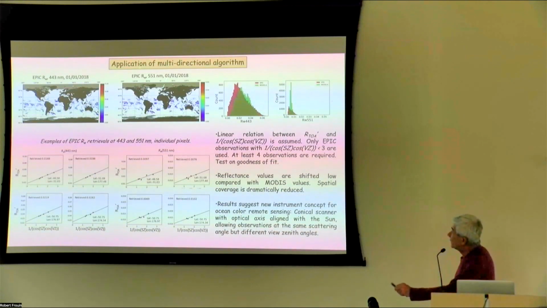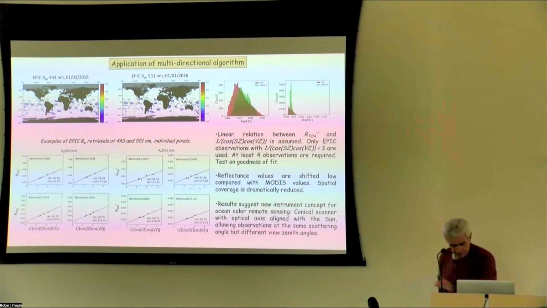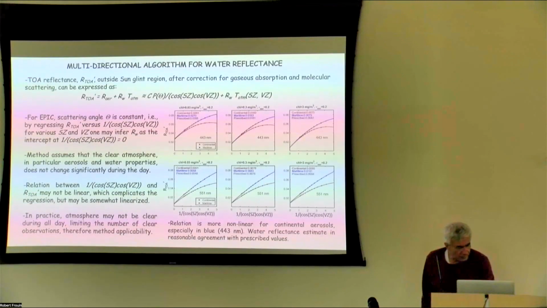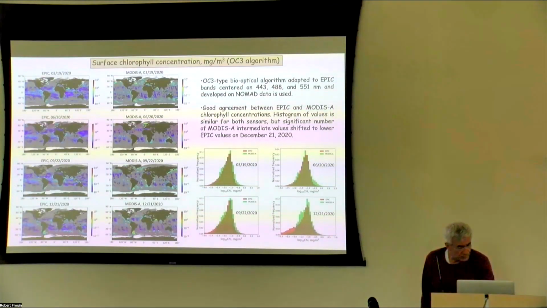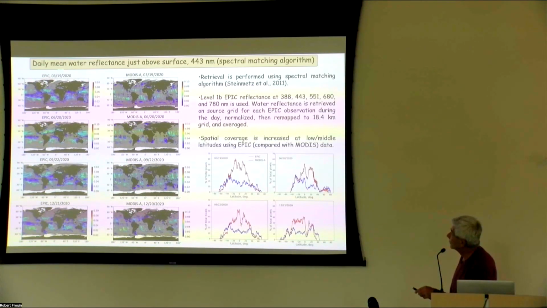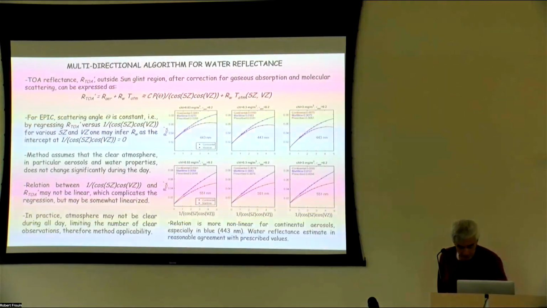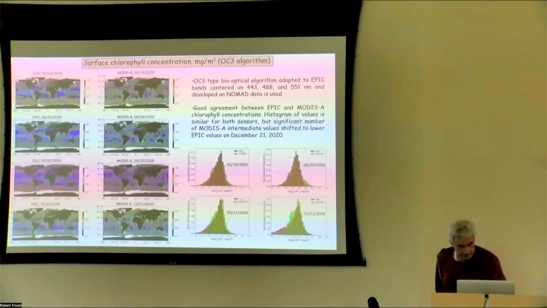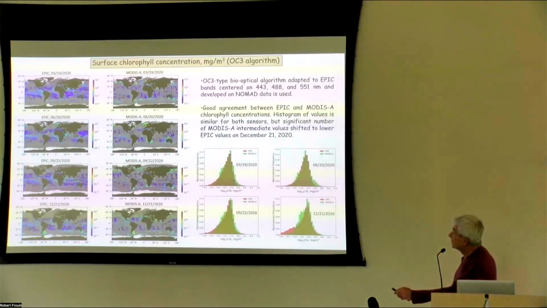So this is an application of this multi-directional algorithm to EPIC. Actually, I missed a slide, remember I was talking about the water reflectance. This is the surface chlorophyll concentration that you can get here from the OCI algorithm.